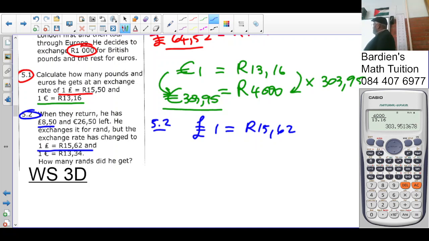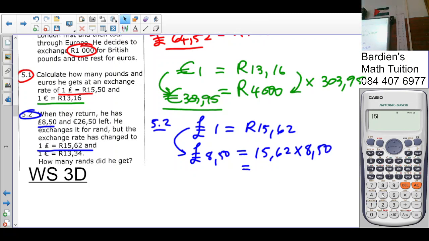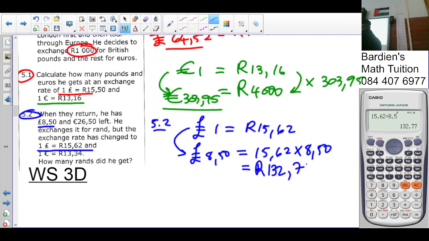So how many pounds does he have? 8 pounds 50. So how do I get from 1 to 8.5? Times 8.5. So 15.62 times 8.50 gives me 132 rand and 77 cents.